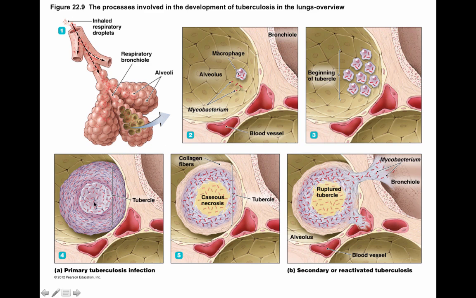More and more immune cells come. So here's the macrophage on the inside with the bacteria. Here's more and more and more. So we just get layers and layers of the immune cells coming, phagocytizing the pathogens, unable to digest them again, and the bacteria living inside.